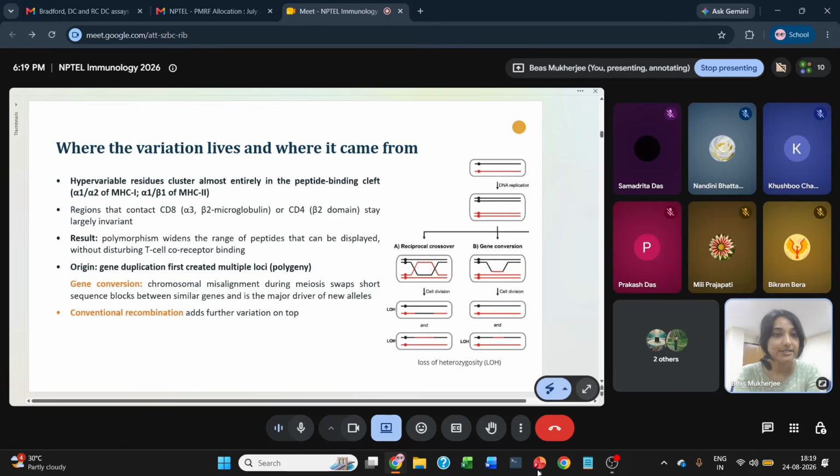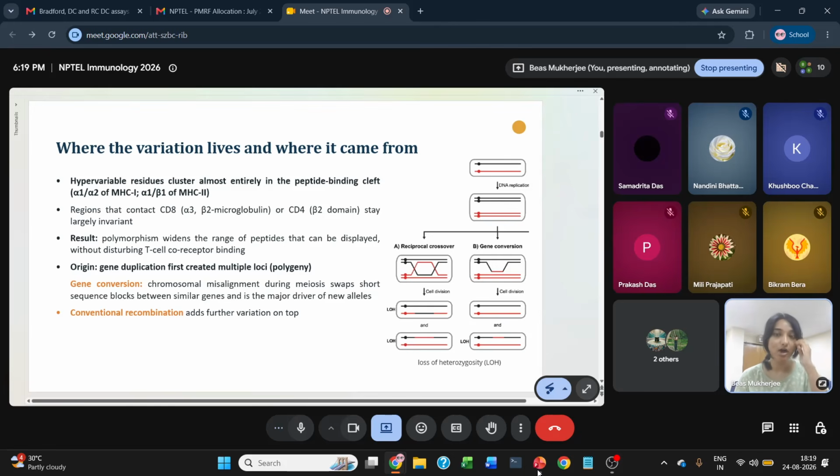Now the result is that polymorphism widens the range of peptides that can be displayed without disturbing the T cell co-receptor binding. There you are getting the specificity, plus you are getting this antigen binding property also by the variations that are there in this peptide binding cleft.